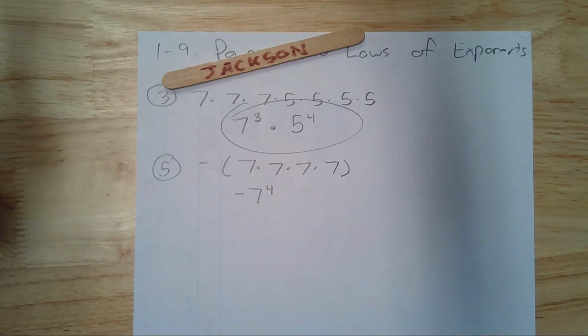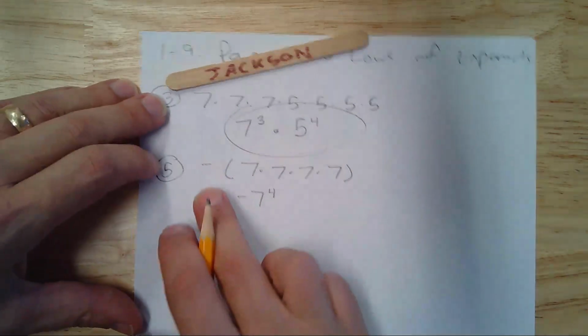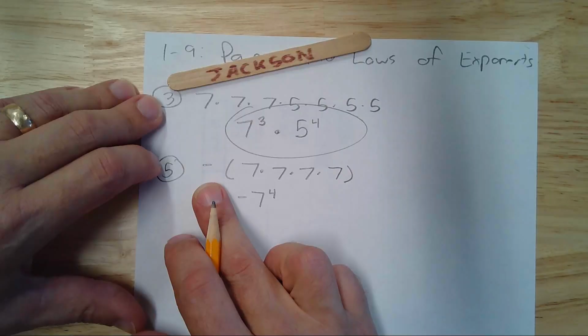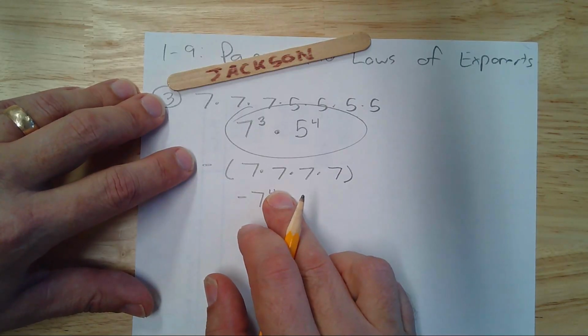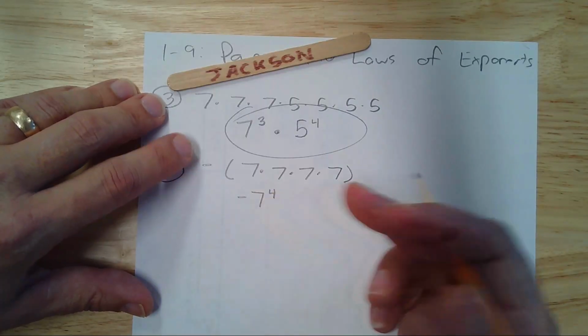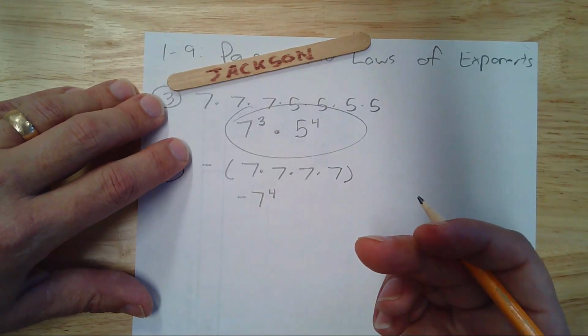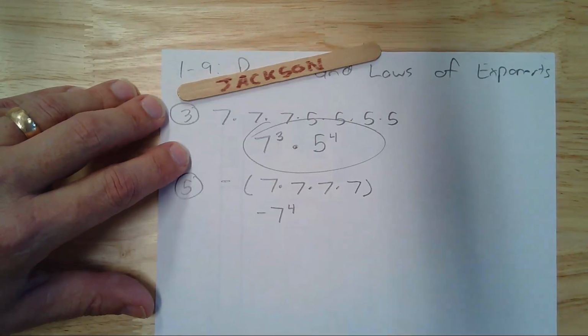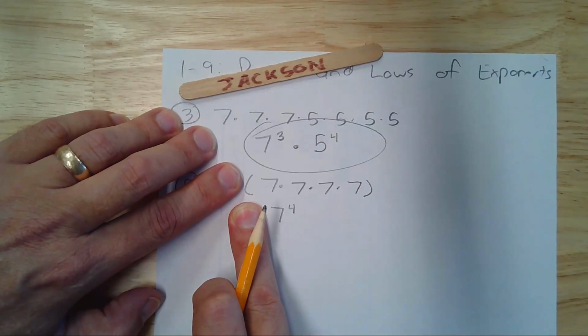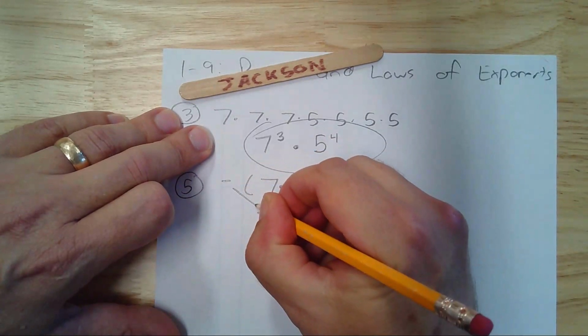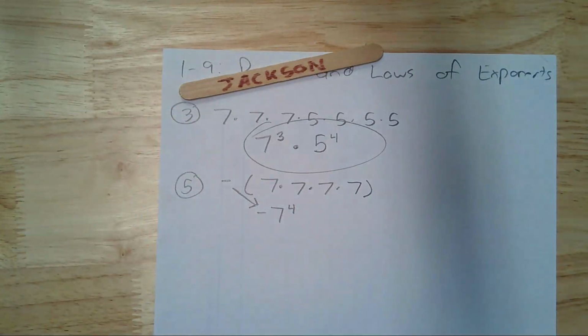So what this essentially says to me is that this is the opposite of 7 to the 4th power. And the opposite of anything is just flipping the sign. So the negative is sitting outside the brackets, and it just comes with me here.